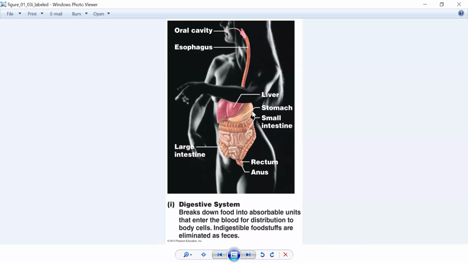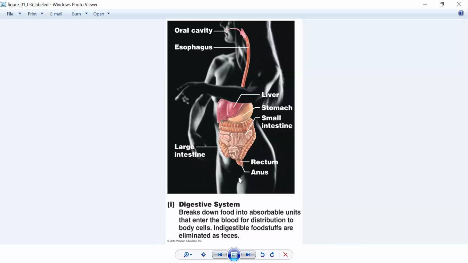Contents will next enter your stomach. And then contents leave the stomach and they'll enter the small intestine where most absorption is going to occur. And then after the small intestine, things that weren't fully broken down or absorbed will enter your large intestine.